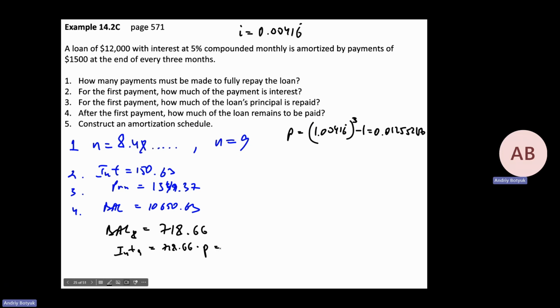I don't want to write this down every time. So 9.02. So the payment would be 718.66 plus 9.02, 727.68. That would be the payment, right?